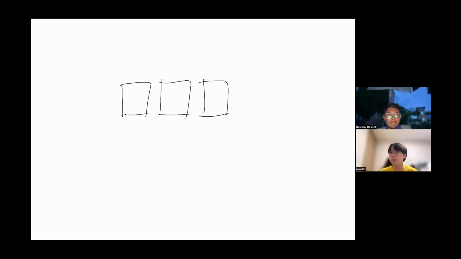Okay, so we have a bicycle lock that has a 3-digit password, correct? So we want to know how many possible passwords we can make. Each digit can have a value from 0 to 6.